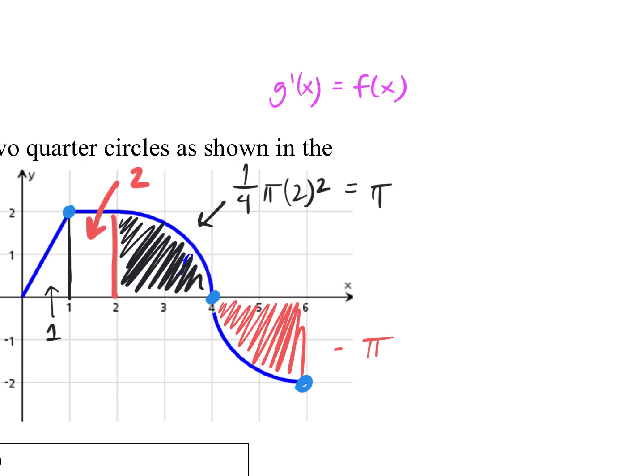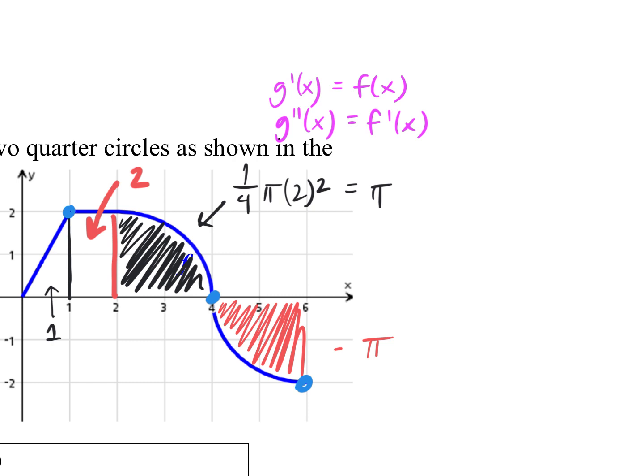So if I wanted to know g double prime of x, what would I have to do with f? Take the derivative as well. So if I take the derivative of this graph and find those values, what's that going to tell me about my g of x graph? Concavity? Yeah, concavity, okay? The second derivative tells us concavity.